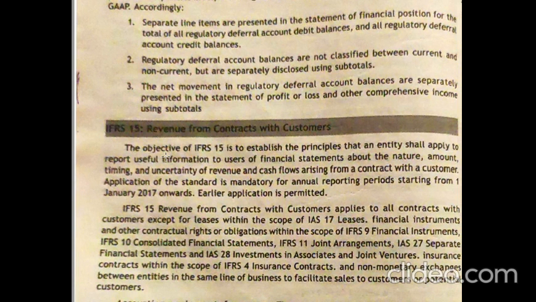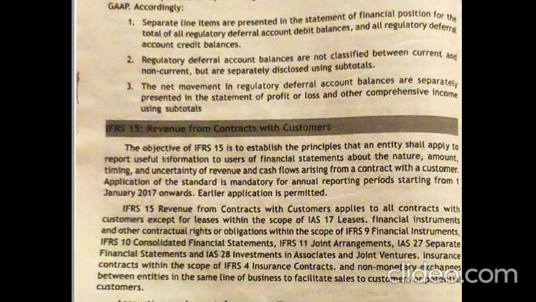So it was only disclosing information about different contracts, like insurance contracts, consolidated financial statements, business combinations, where parent and subsidiaries. So there are different contracts where each IFRS standard started explaining it.